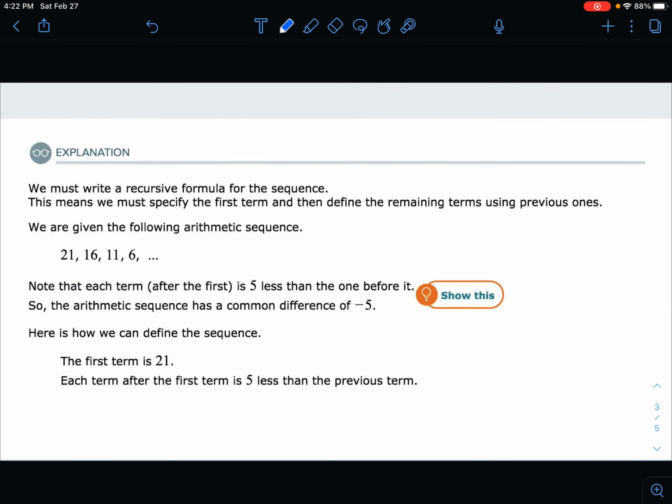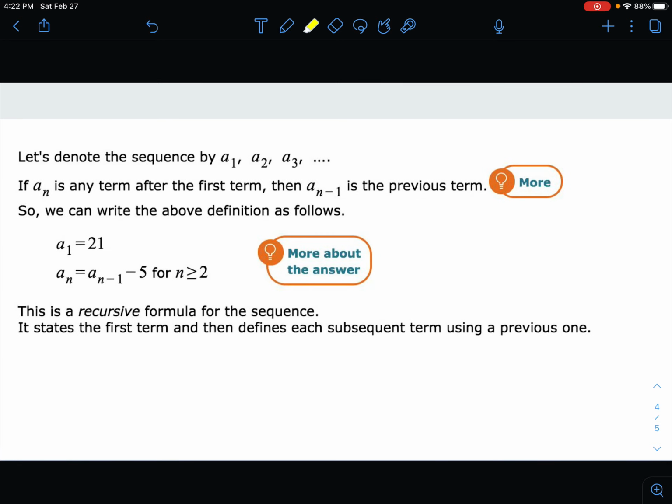When you click on the explanation, it's going to show you some same things that I just did. So it's first saying the first term is 21. We found that. And it also says each term after the first is 5 less than the one before it. Common difference of negative 5. Okay. And this is the important part here, each term after the first term is 5 less than the previous.